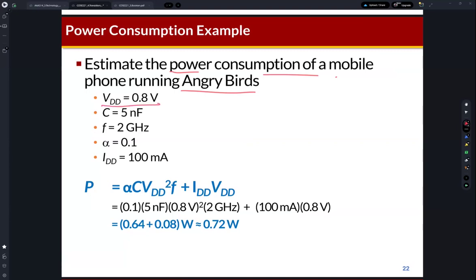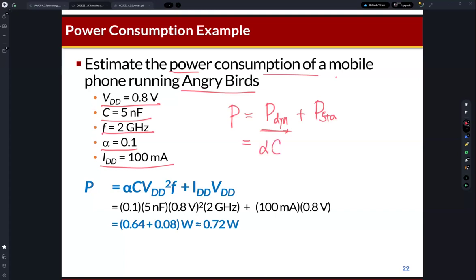So we can define the supply voltage like this. It's a capacitance, and then it's the clock frequency of a processor, and this is an activity factor, and then this is the leakage current. So actually P, the total power, is the dynamic power plus static power, right? And then we can apply the dynamic power equation and the static power equation for measuring the total power, right?